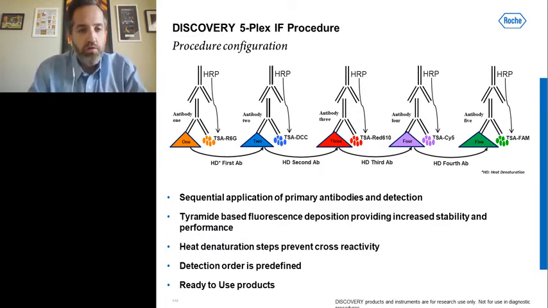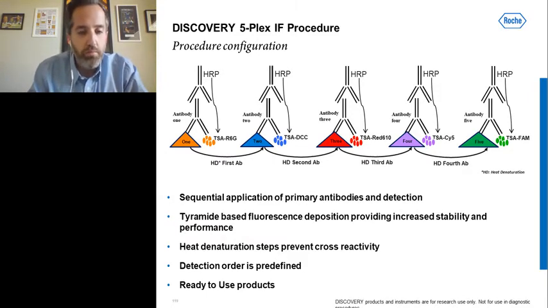So I also want to touch upon some of the fluorescent options that we have available for the Discovery Ultra as well. Around two and a half years ago, we launched the Discovery Fiveplex immunofluorescence procedure. And with the IF procedure, what this offers is a more robust, pre-optimized procedure whereby the customer can come in with their primary antibodies and just apply these primary antibodies.